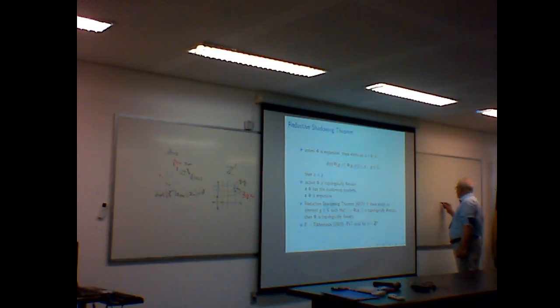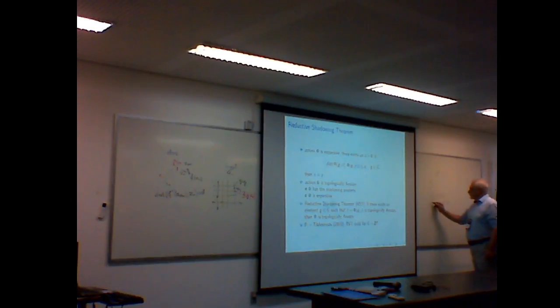Let us also consider the lattice on the plane. So what do we assume? We assume that there is some element g such that the restriction of the action by degrees of g has the shadowing property.